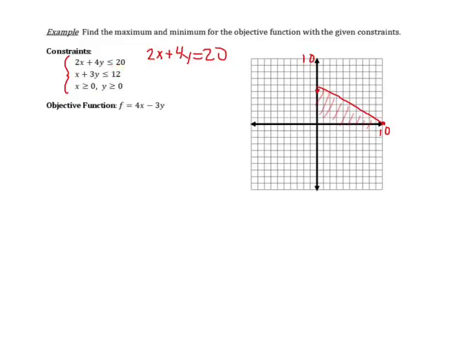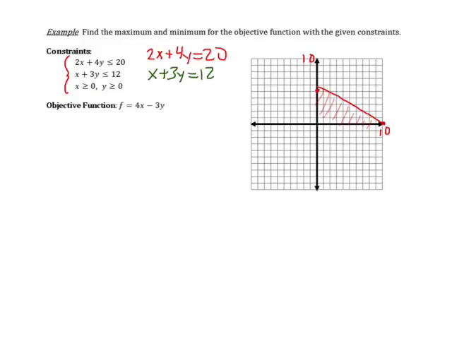Next one. Let's graph x plus 3y is less than or equal to 12. Okay. And once again, we're going to graph the equation first. x plus 3y equals 12.